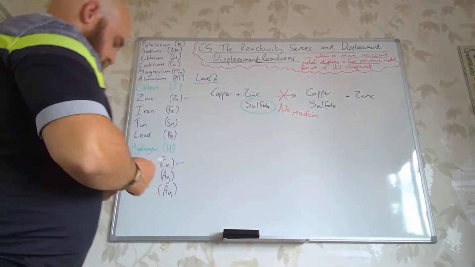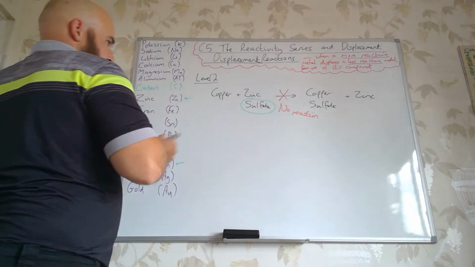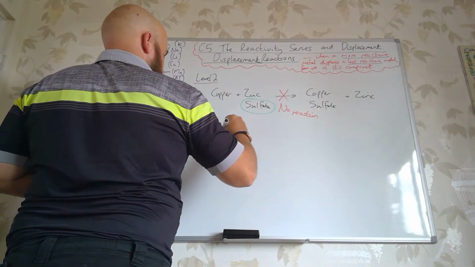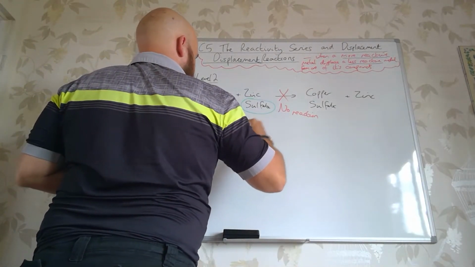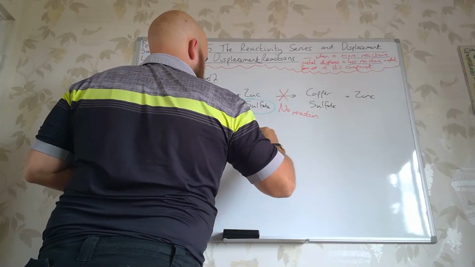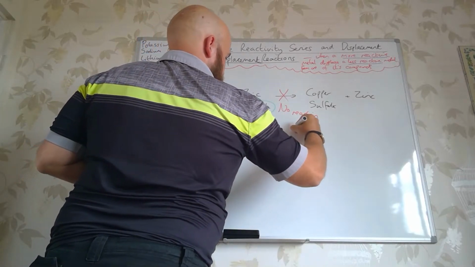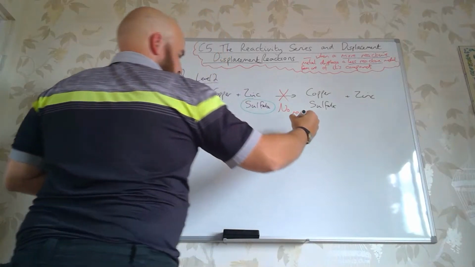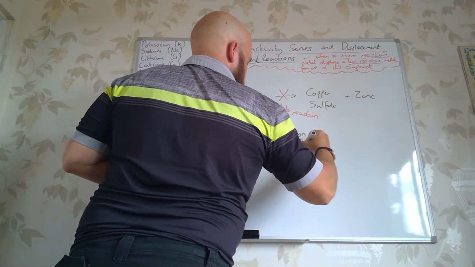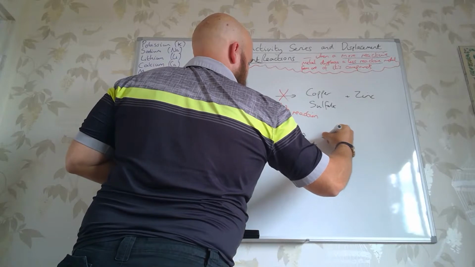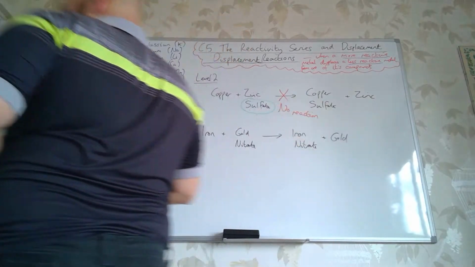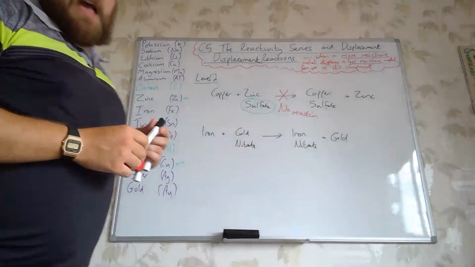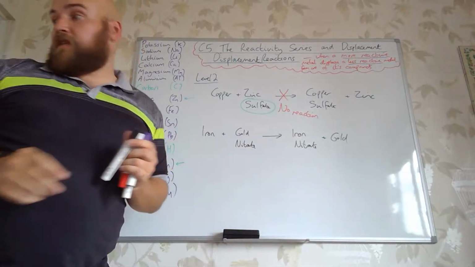Okay. We'll have a go at one more from that particular one. So we'll say iron plus gold nitrate makes iron nitrate plus gold. Okay, so have a look at that and come up with an answer as to whether or not you think that reaction would happen.